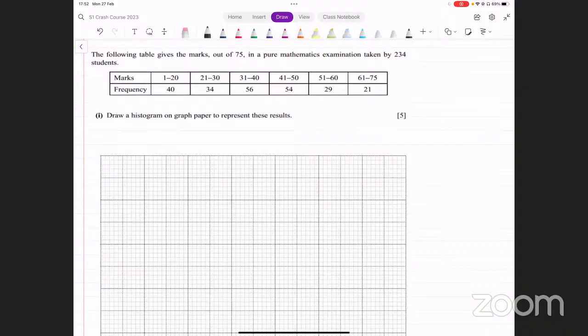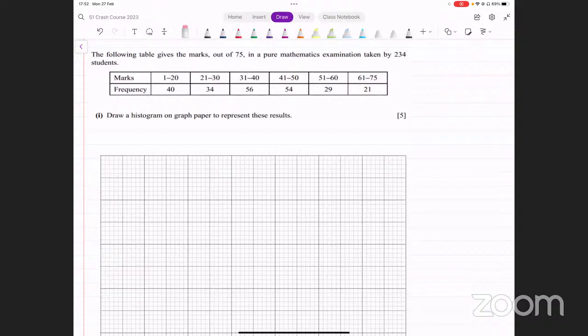It does not matter whether your intervals are all equal or unequal, on the vertical axis, you're always going to plot frequency density and not frequency.